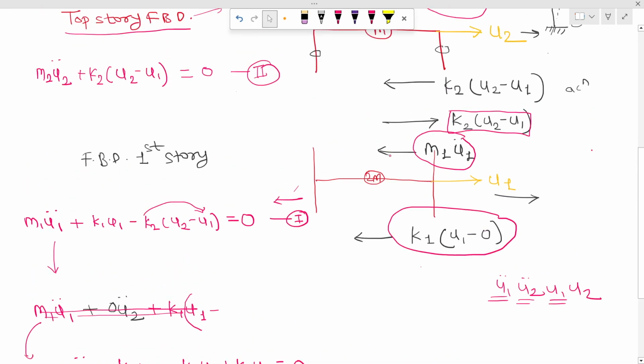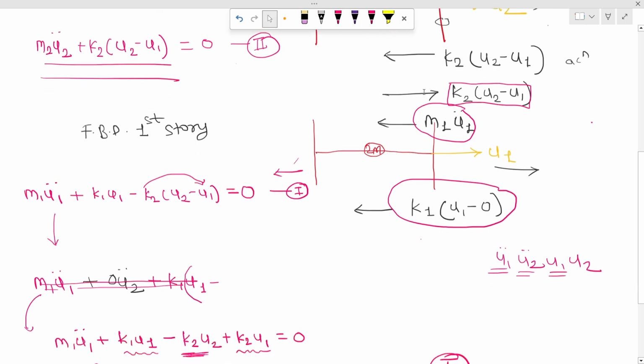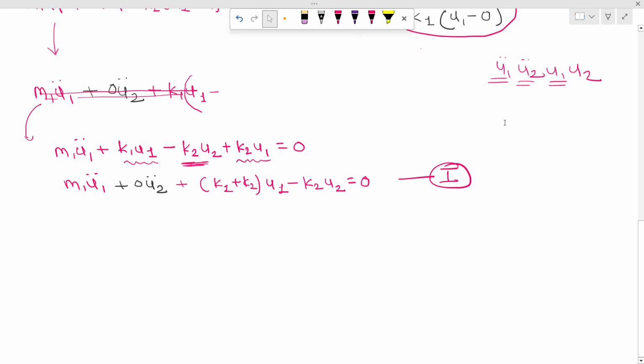Okay, now split this equation. I will rewrite once again. Here the equation was M2 U2 double dot plus K2 into U2 minus U1 equal to 0.